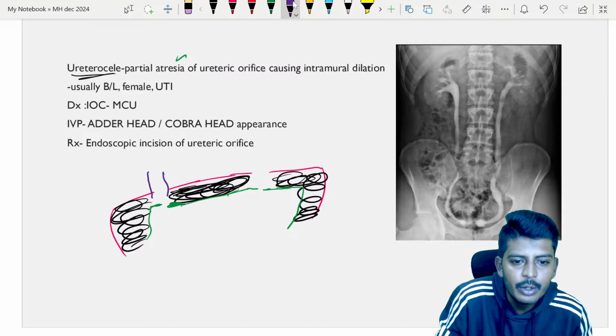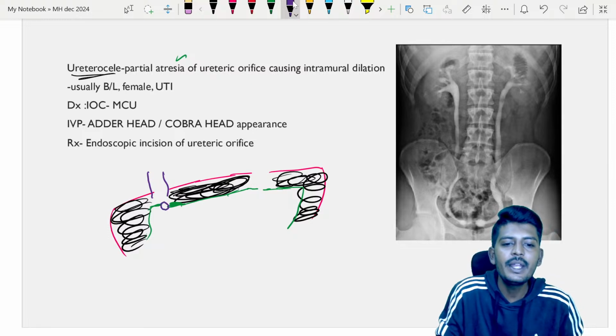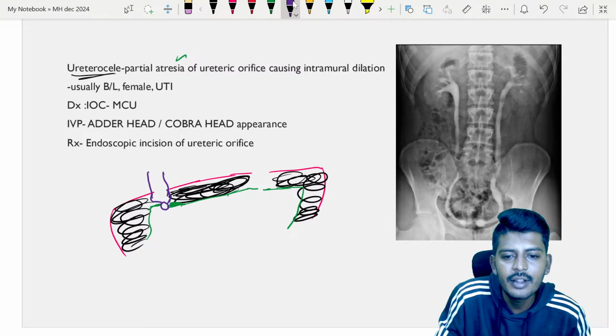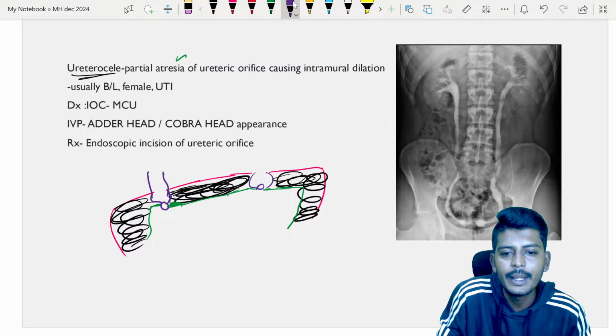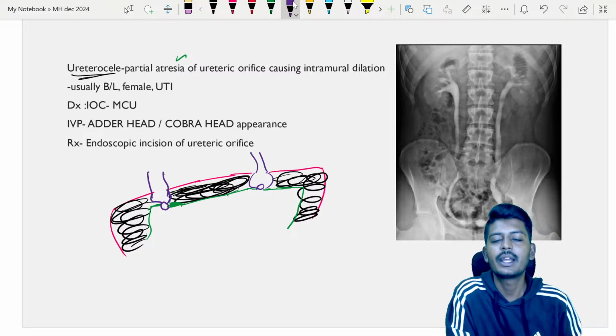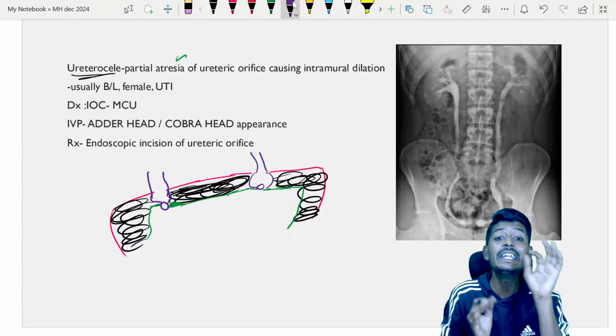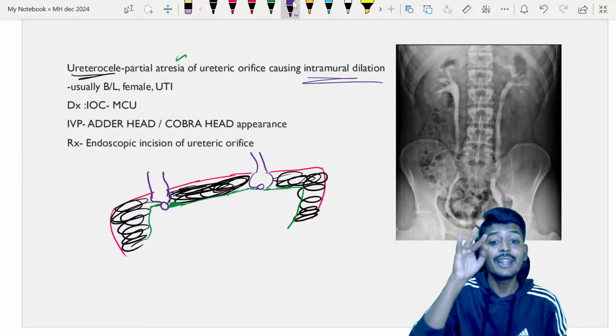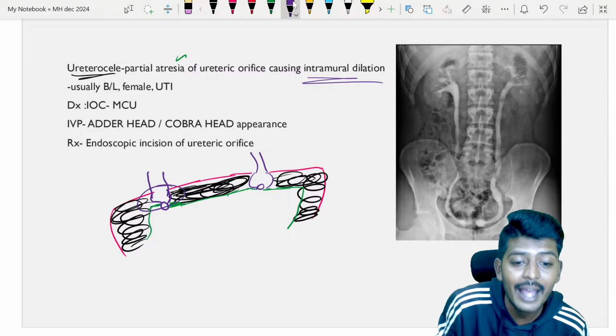Now once the ureter comes here, the problem is the opening is very small. Since the opening is very small, within the walls of the bladder it will start to dilate, because the opening is small. Intramural means within the layers of the bladder, the ureter has been dilated.